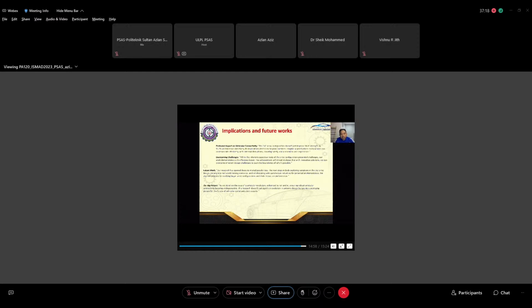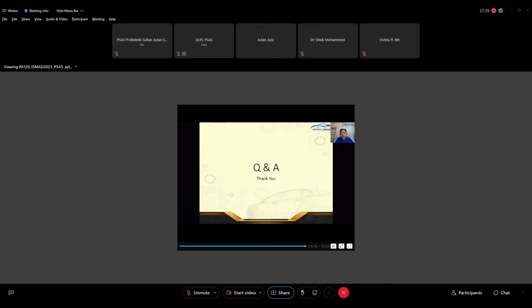And as the big picture, as we stand at the cusp of a vehicular revolution enhanced by IoT and AI, ensuring robust vehicular connectivity becomes indispensable. This research doesn't only signify an evolution in antenna design, but paints a promising picture for the future of vehicular communication systems. With that, I open for Q&A and thank you very much.